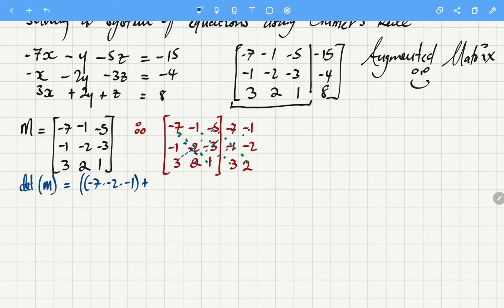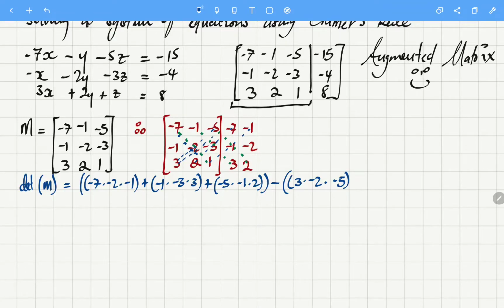You just carry on doing the same thing. Then that'll be 3 times minus 2 times minus 5.